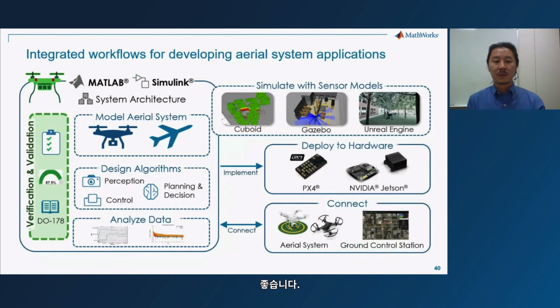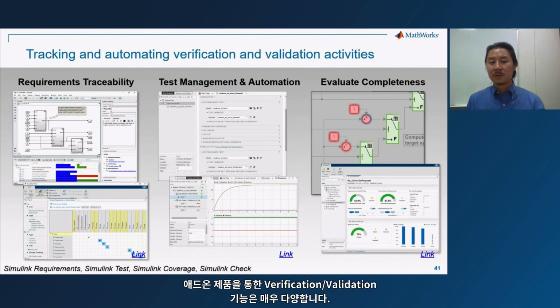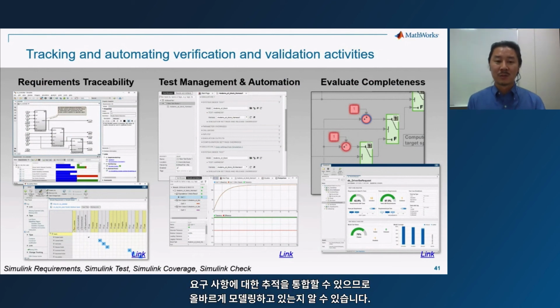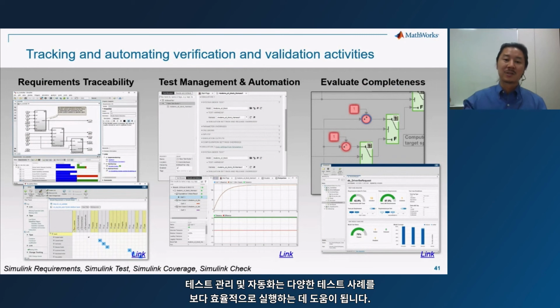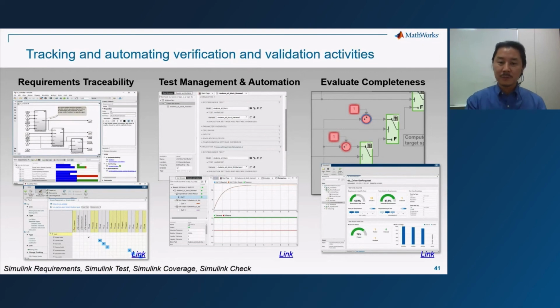All right. Moving on to verification validation, which will be covered again later in the session in more detail. But there are a lot of different verification validation capabilities through add-on products. These could incorporate requirements traceability, so you could understand that you're modeling the correct things. Test management and automation, which will help you be more efficient in executing your various test cases, and evaluating completeness to ensure that there's no errors or bugs in your model, in your design as well, right?